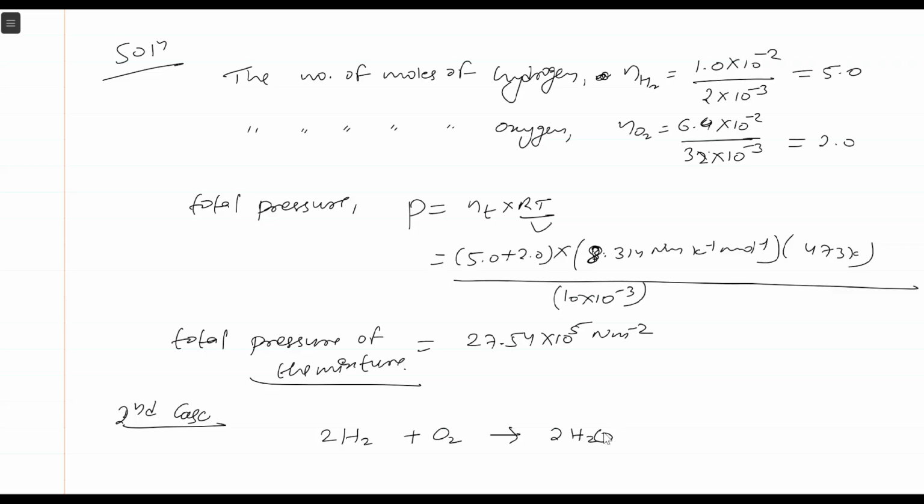This is in gas phase, this is in gas phase, and this is also in gas phase. So we see that 2 moles of hydrogen and 1 mole of oxygen give 2 moles of water.